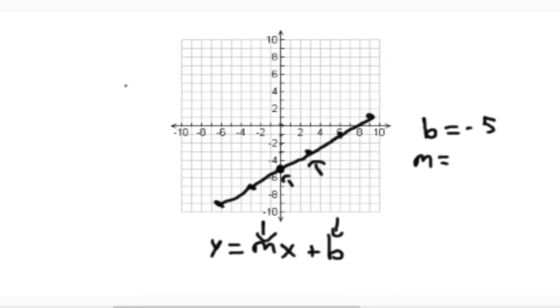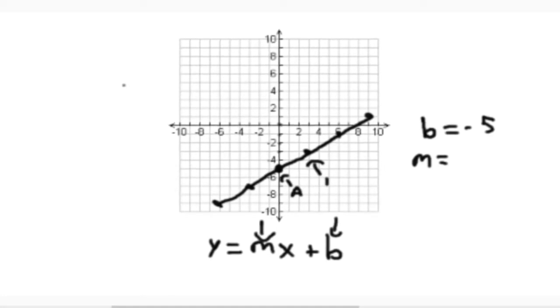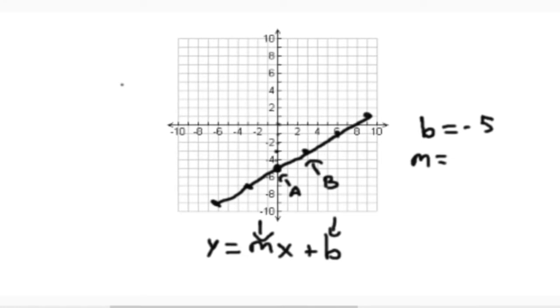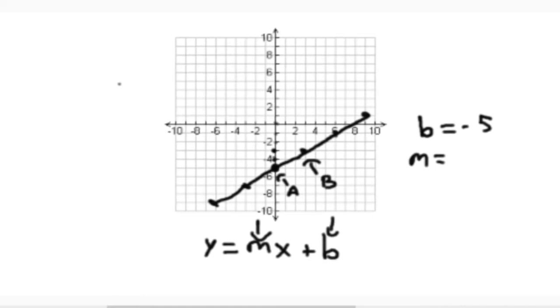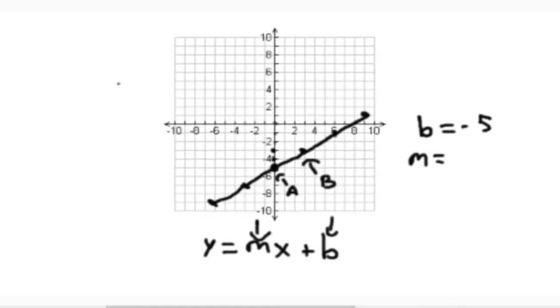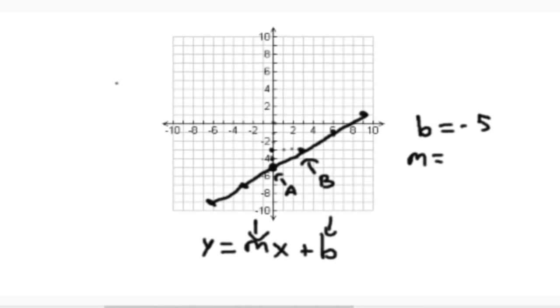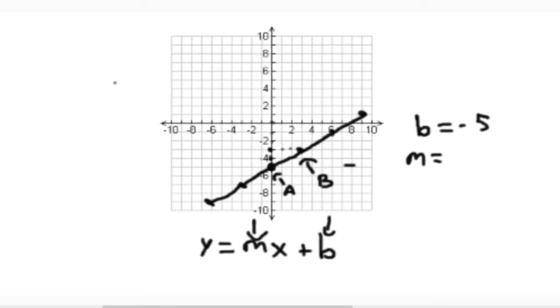Now the next thing you need to do is figure out how do you get from point A to point B. Well, let's look. You could go up 2, which is rising 2, and then go over 3. So 1, 2 for your rise, and then go over 1, 2, 3. So you rose 2 and you ran 3 to get there.